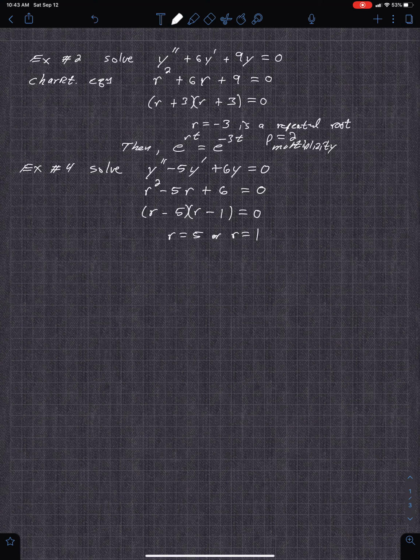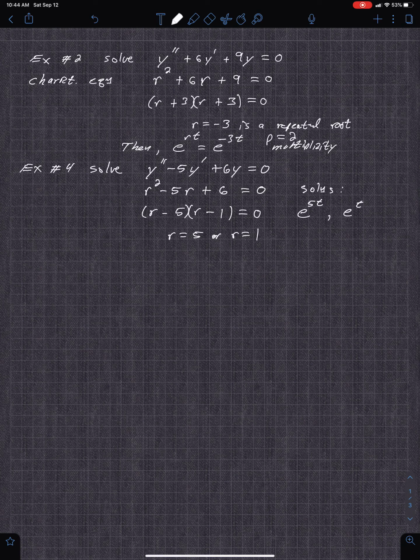And then your solutions are, so it's e to the rt, so your solutions are just going to be e to the 5t and e to the t, just like that.